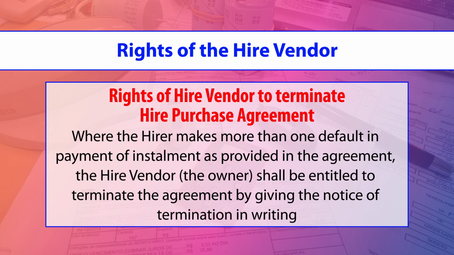Where the hire purchaser fails to fulfill his commitment, the hire vendor has the right to terminate the hire purchase agreement already made between them. The hire vendor shall be entitled to terminate the agreement by giving notice of termination in writing.